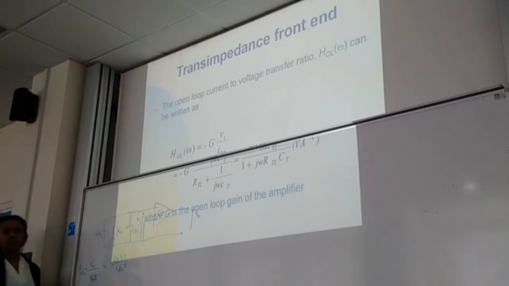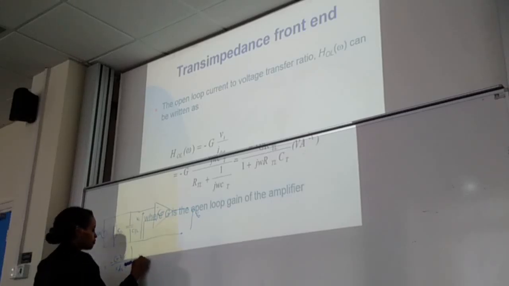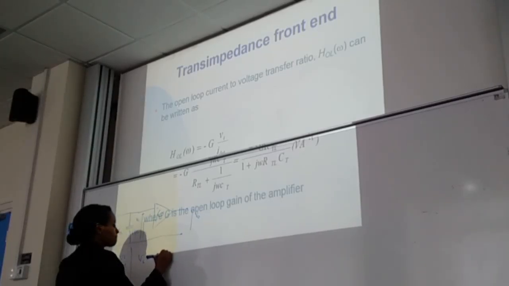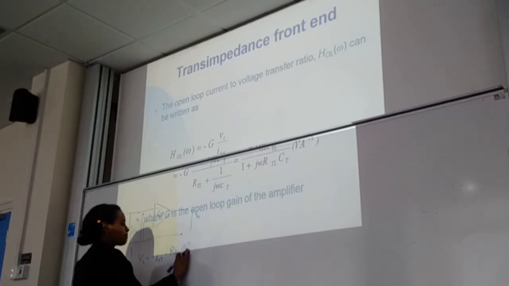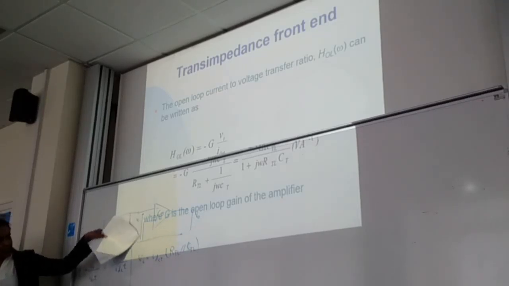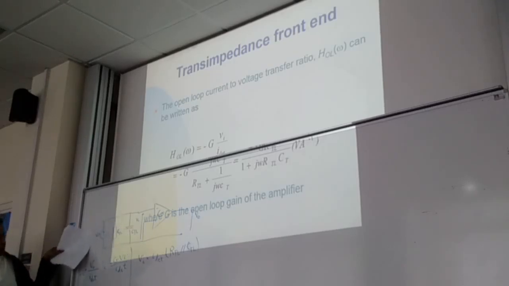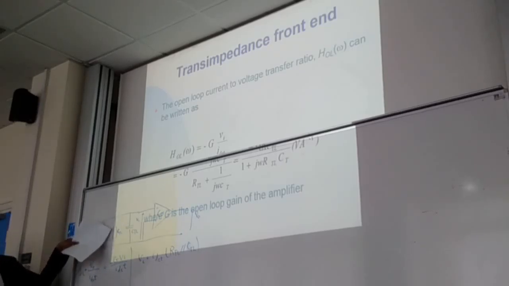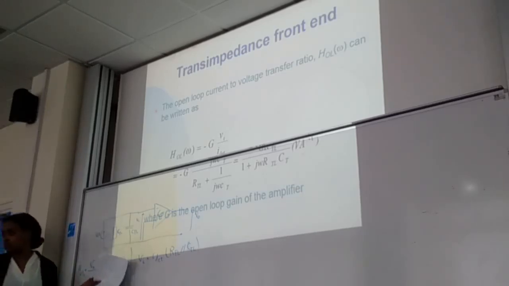This is the detector current I detector multiplied by the total impedance here, the total resistor in parallel with the total capacitance. This will give us Vn. We can see that.